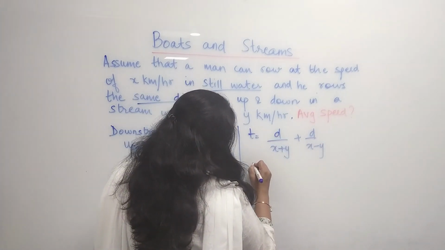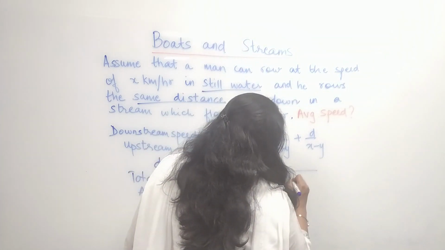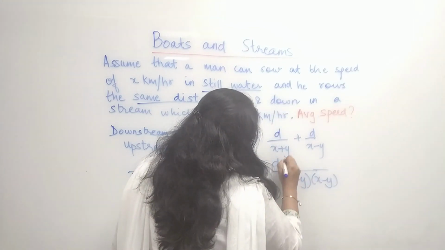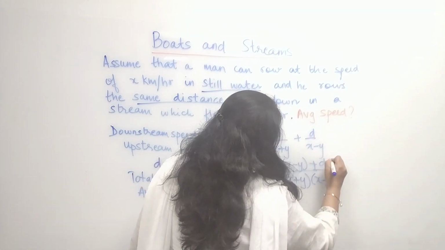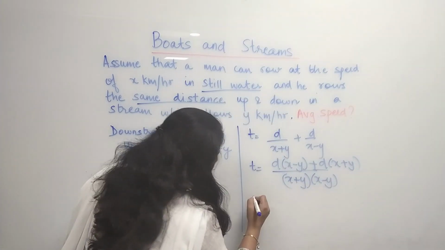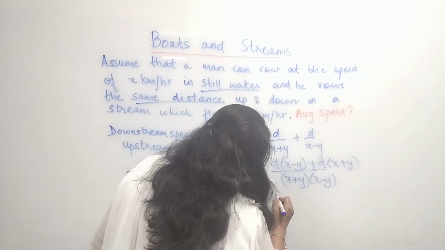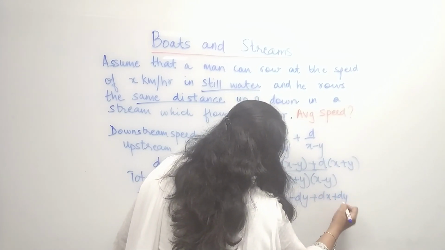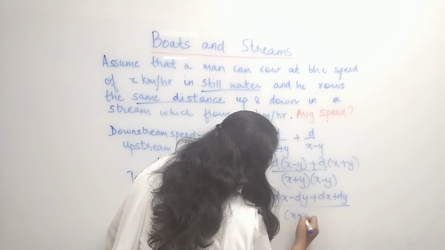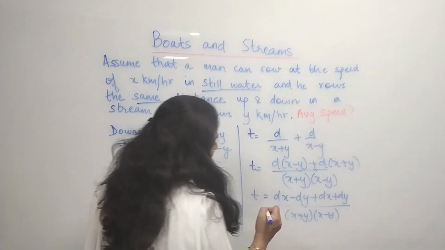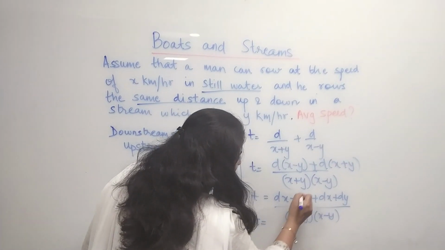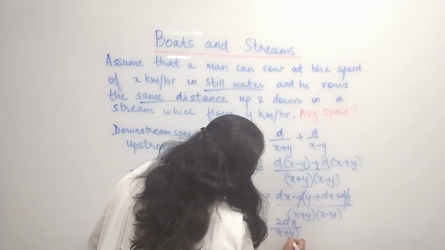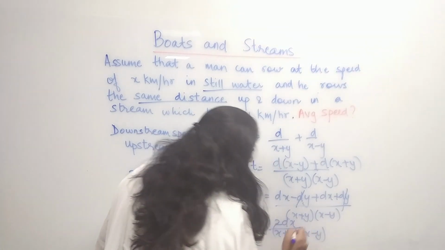If we further solve this equation, we get as LCM (x plus y)(x minus y), and if we further solve the numerator, we get the equation like this. Moving further, we get this as dx minus dy plus dx plus dy upon (x plus y) into (x minus y). The total time will therefore be 2dx upon (x plus y) into (x minus y).